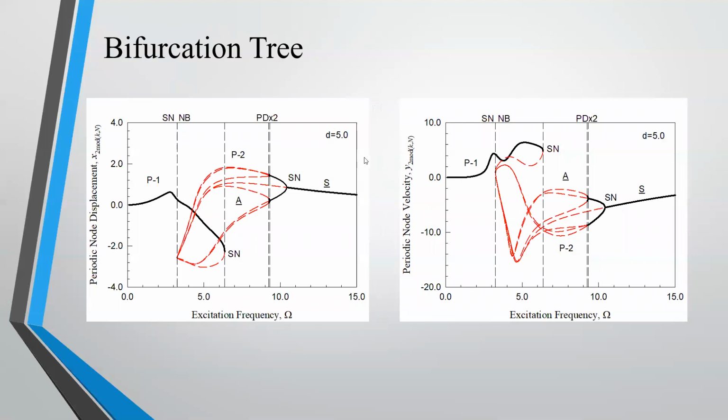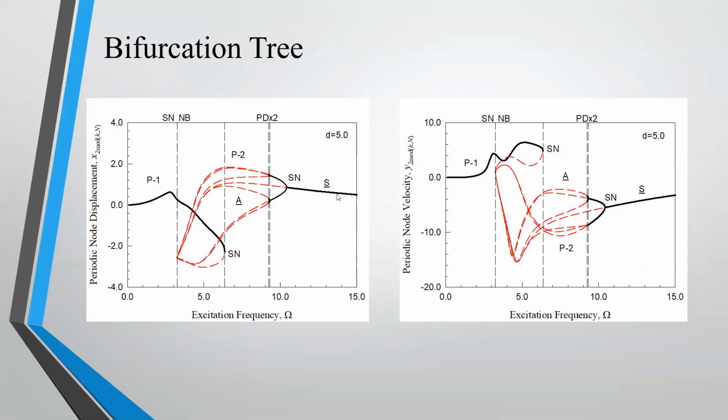This is the bifurcation tree for the periodic node displacement x2 and the periodic node velocity y2. The black solid line means stable solution. The dashed line means unstable solution. This S means symmetric, and this A means asymmetric. We can see for these motions, we start in the omega range 0 to 15.